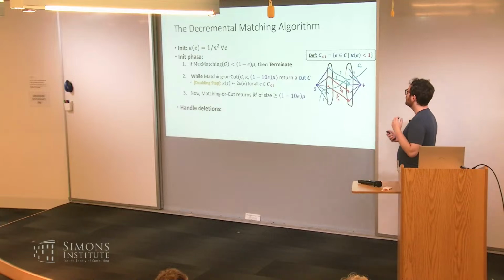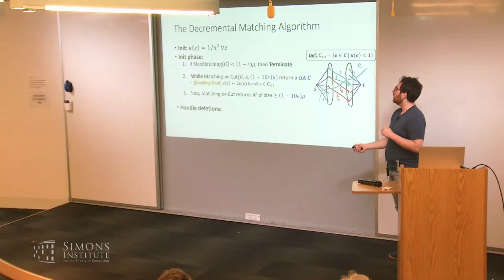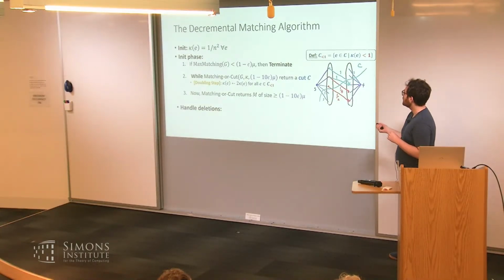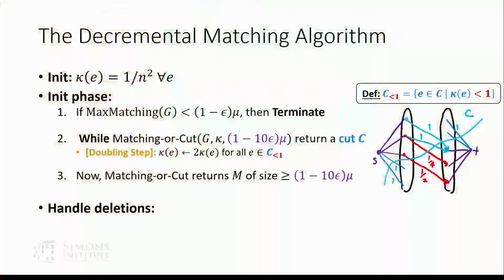But I think when we tried to analyze this, the problem is that you found the whole cut, and it's not the case that every single edge on the cut needs to increase. You might only have to increase some of the edges on the cut, not all of them. So some edge might keep participating in a problematic cut without itself really being the problematic edge.